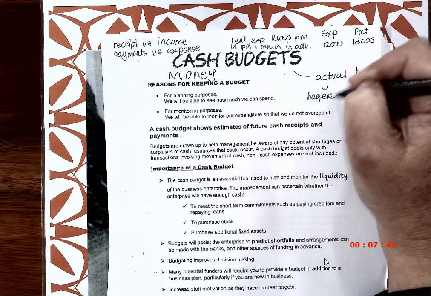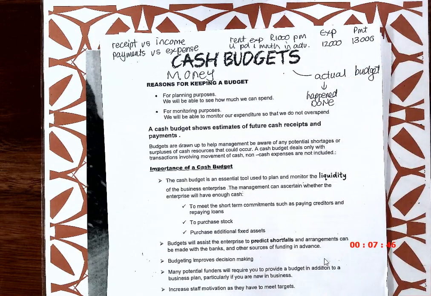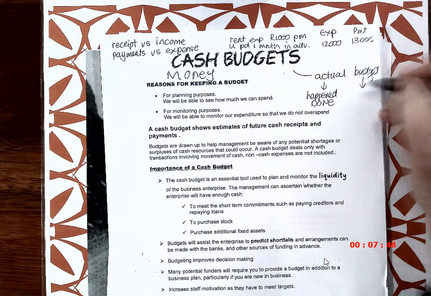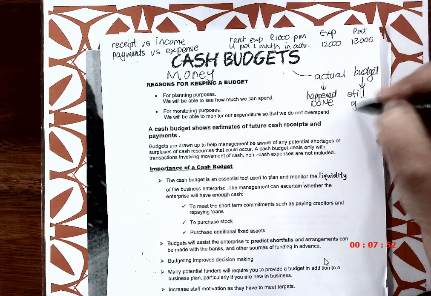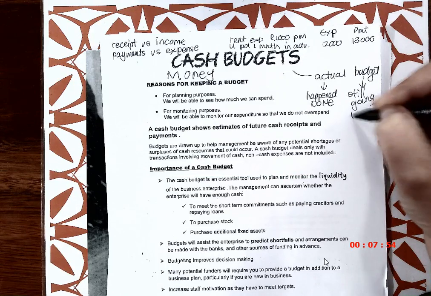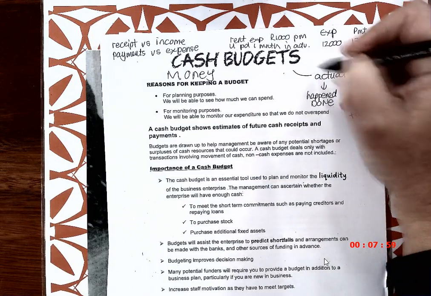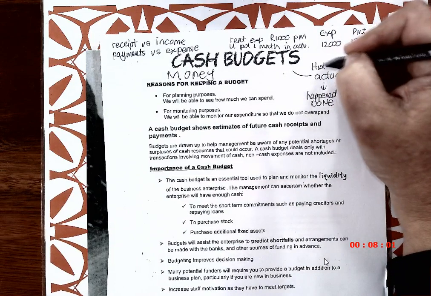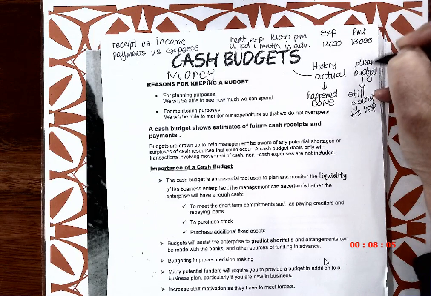So it's done. It's history. Budget, still going to. So that's a dream. So actual is your history. Budget is your dream. Does that make sense? Yes.